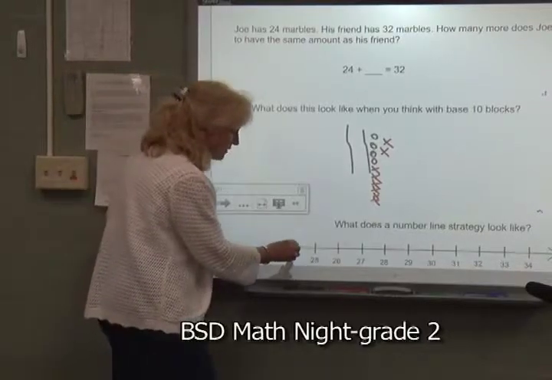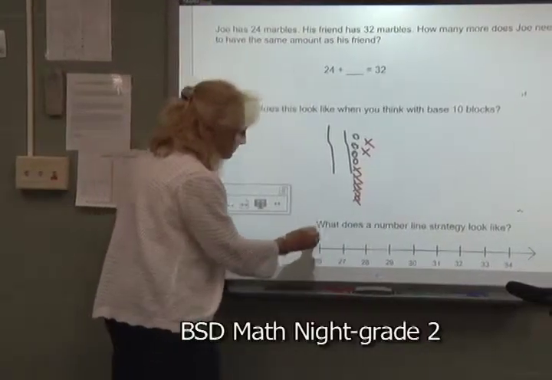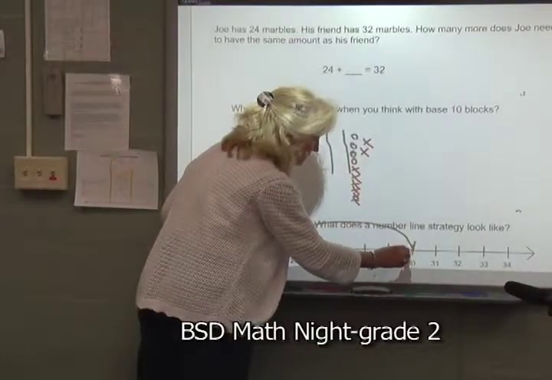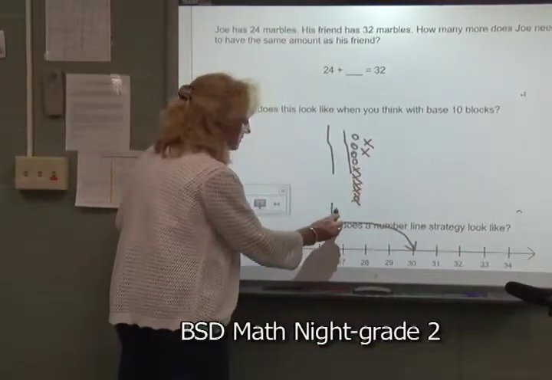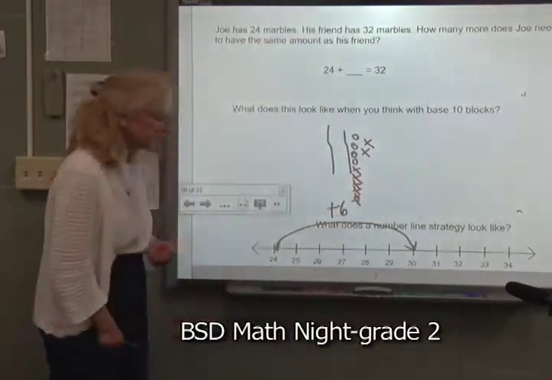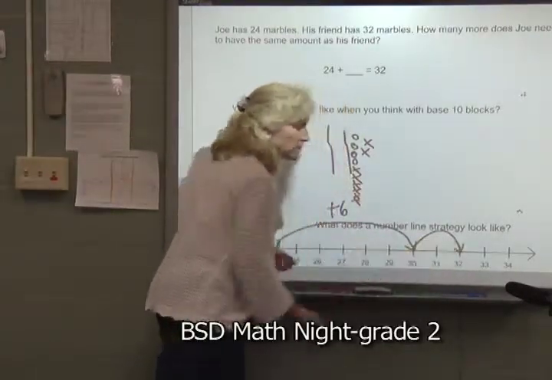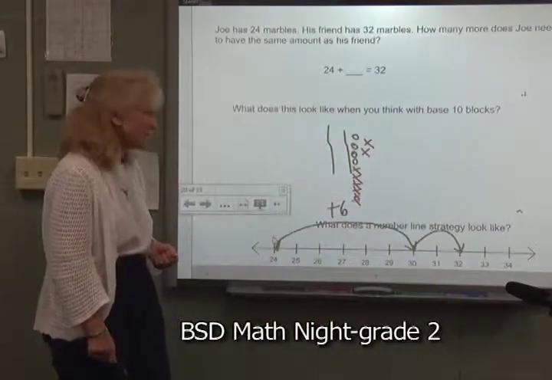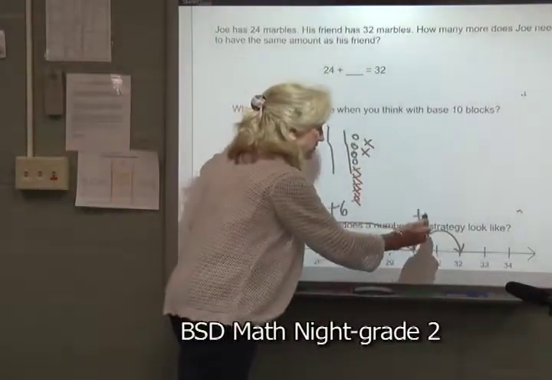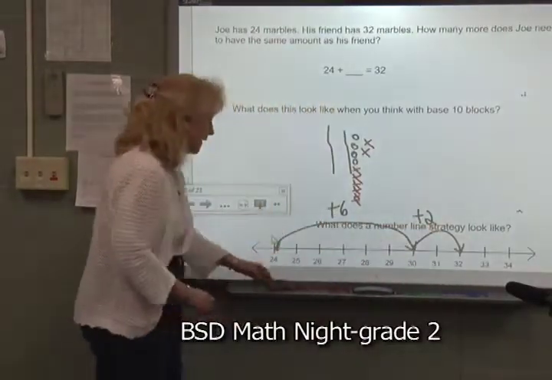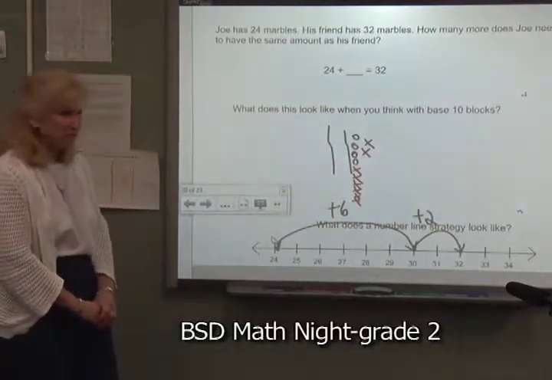Well, 24 and 6 more. Now I'm at 30. This was plus 6 more. And 2 more will hit my target of 32 marbles. Joe needs 8 more marbles for 32.